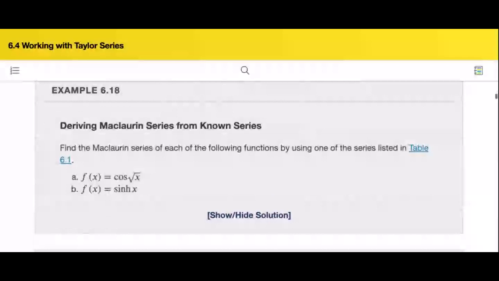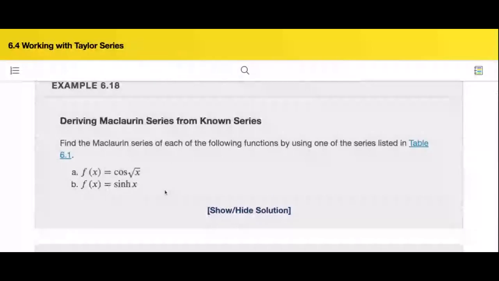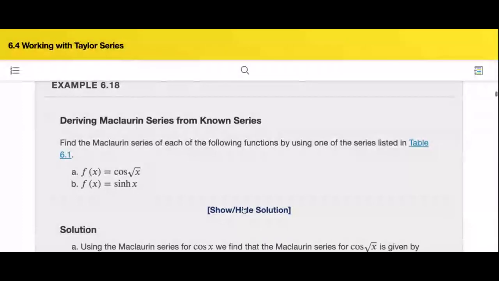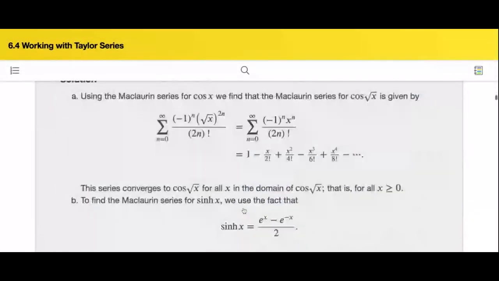Okay, let's see if we have time for this one. So this is cosine of square root of x. What's annoying is the square root of x. So instead of x, we have square root of x.